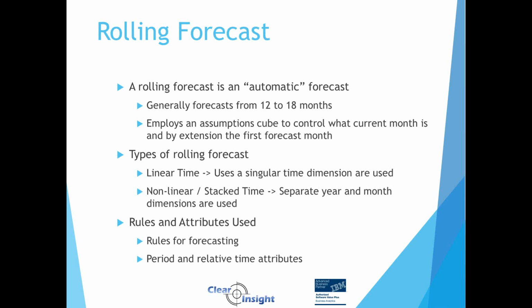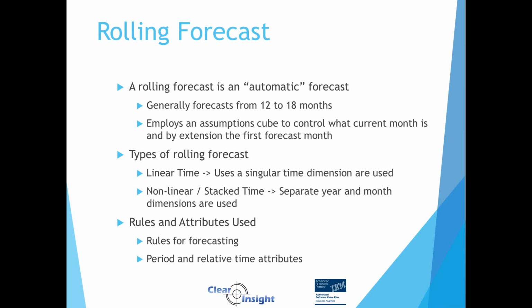If you're only implementing your budgeting model right now, you'd probably want to go with the linear side, but if you're heading into forecasting, you may want to go along the nonlinear or stacked route. And TM1 allows you to have both of those in the same model.